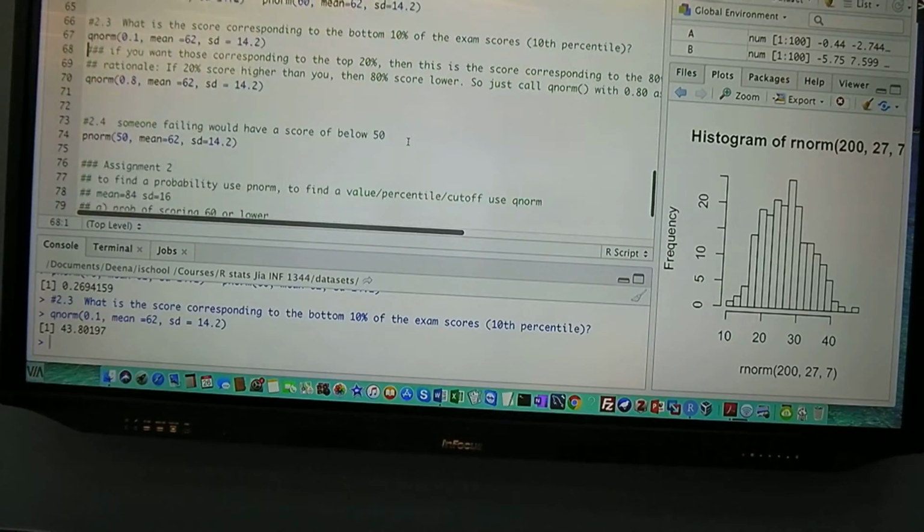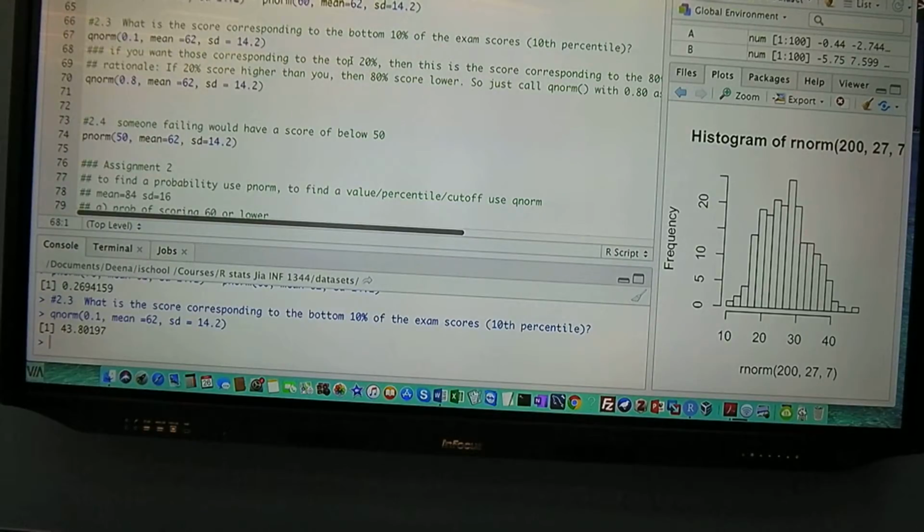So now I'm writing for you if you want those corresponding to the top 20%. So I'm not asking about the 10th percentile or those who are at the bottom. I'm asking about the top 20%, like the highest people. But I know that my commands in R don't give me this area of the curve.